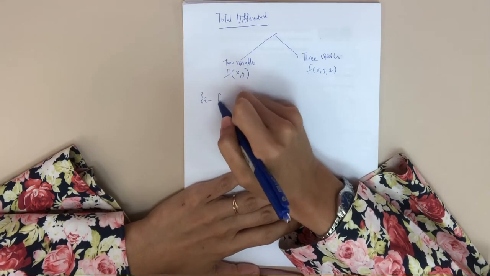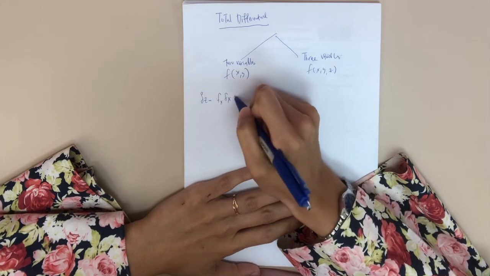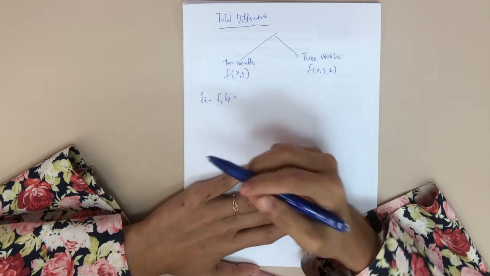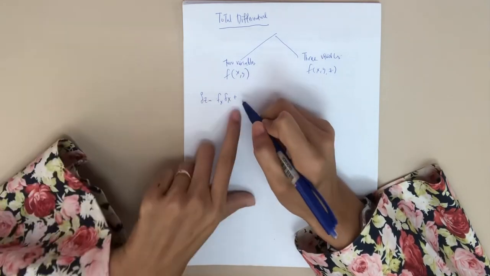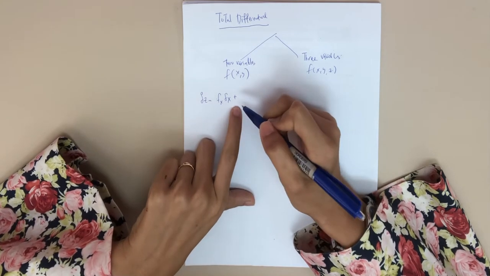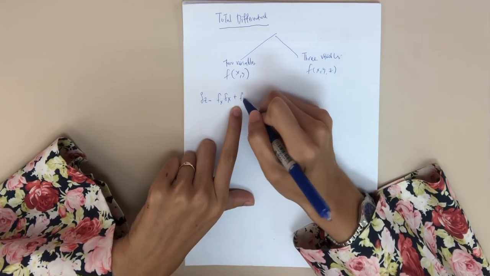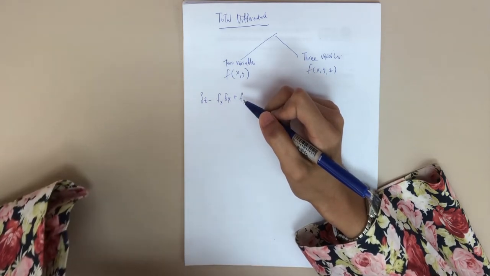fx dx. I just pronounce it as dx, but actually it is not d, it is a change of x. Saying "change of x" is longer than dx, so I just pronounce it as dx, but it means a change of x.